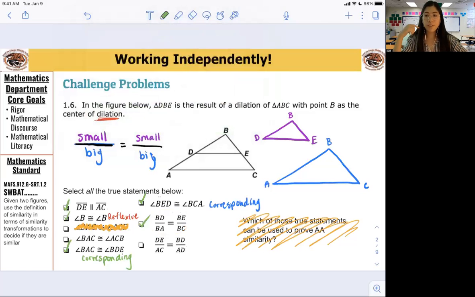We were tripped up over this one, so ask me your questions. I need to make sure that you understand triangle proportionality. Rios, Daniel, Emily, we understand?